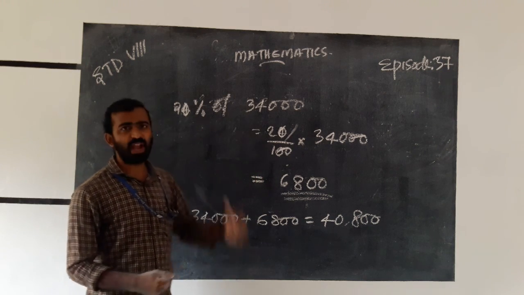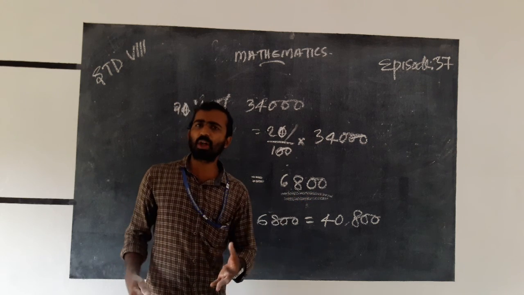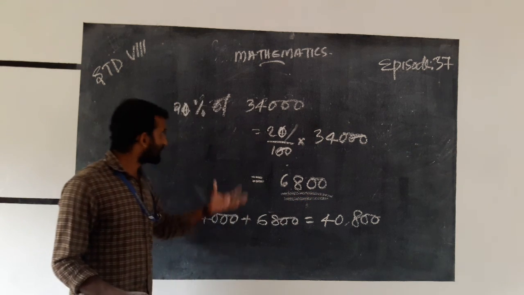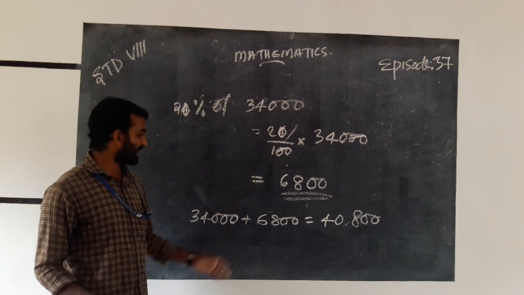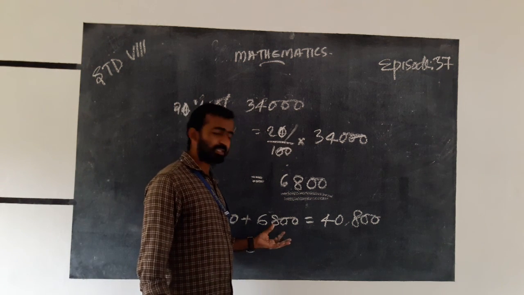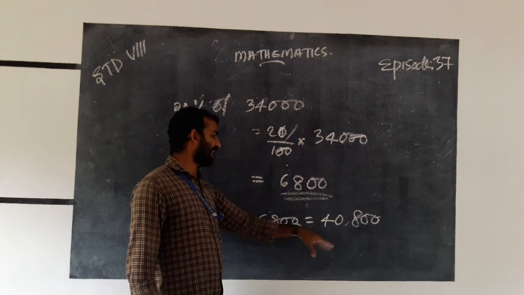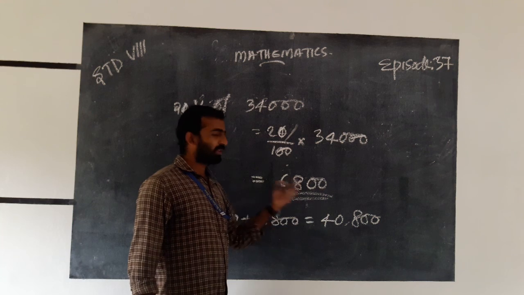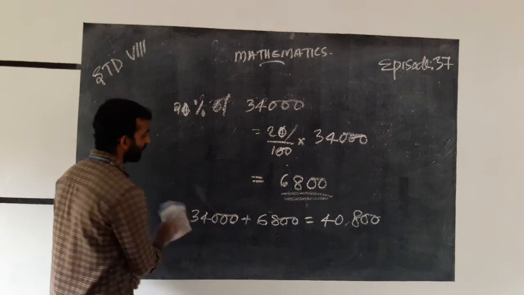First we find 20% of 34,000, that is 6,800, and add these two, 34,000 plus 6,800, then we get the price 40,800.